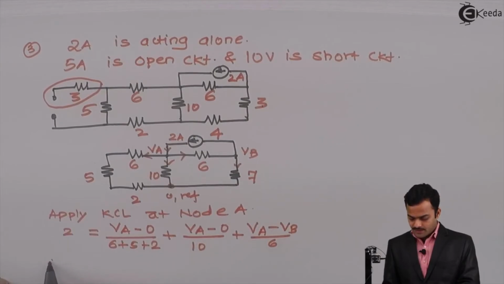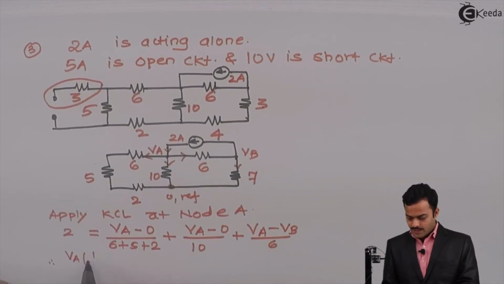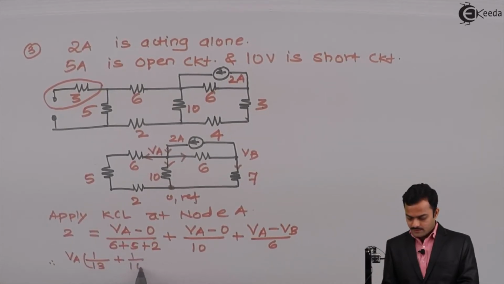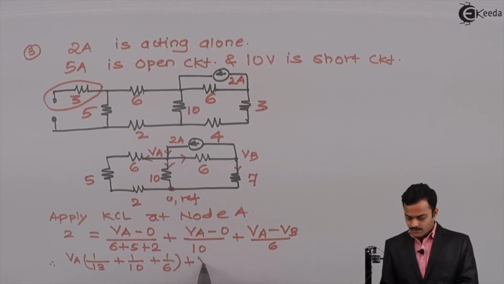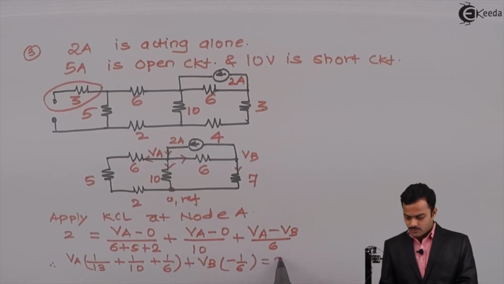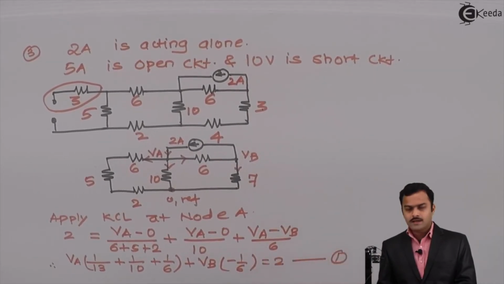So let's simplify. I will get VA in bracket 1 by 13 plus 1 by 10 plus 1 by 6 plus VB times minus 1 by 6 equal to 2, equation number 1.